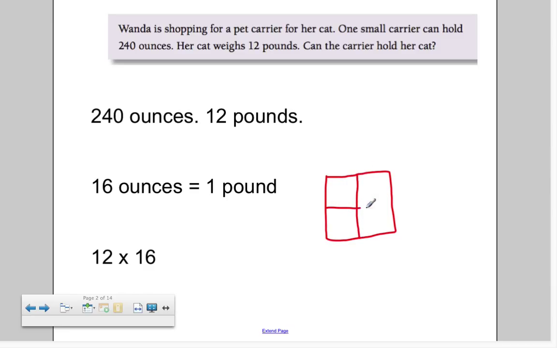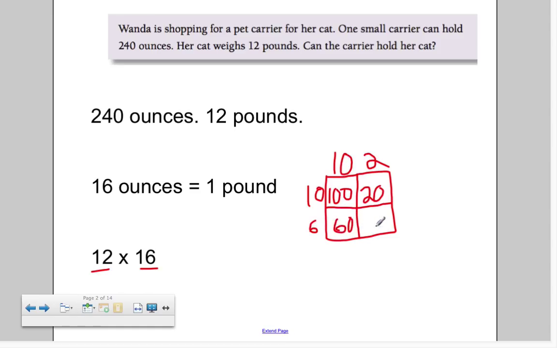An area model. You can take the 12 and the 16, and you can solve very quickly. Now a 12 is really a 10 and a 2. 10 plus 2 is 12. And a 16 is really a 10 and a 6. 10 plus 6 is 16. Now all you have to do is multiply 10 times 10, which is very easy, 100. 10 times 2, that's 20. 6 times 10, that's 60.